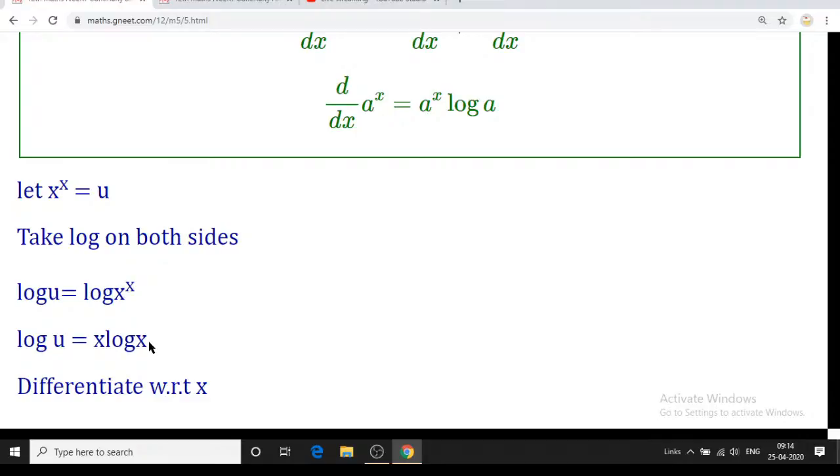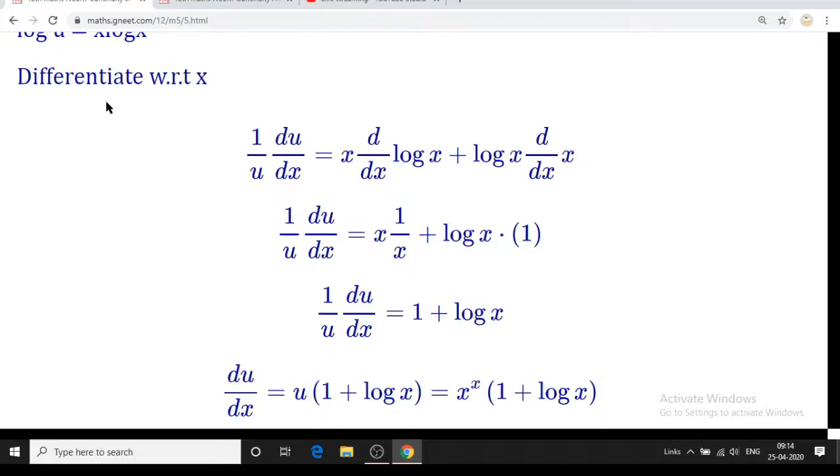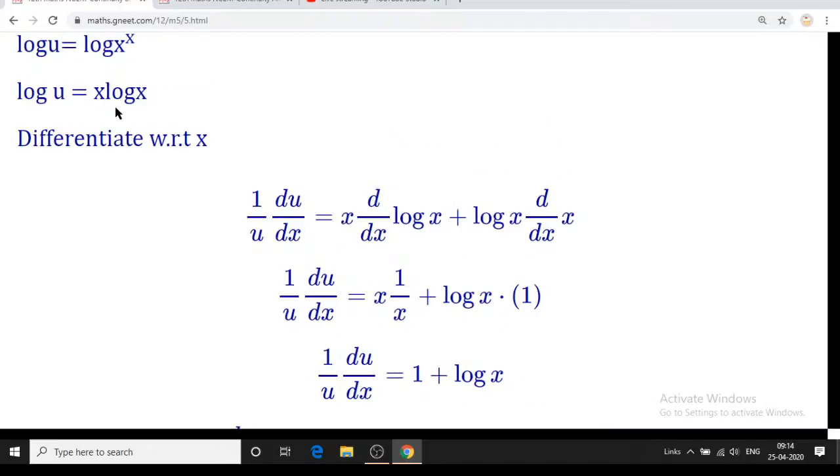Now we will differentiate. For the derivative, x is one function, log x is another function, so we have to use the product rule. Differentiating with respect to x, we get 1 upon u du by dx is equal to x d by dx of log x plus log x d by dx of x.